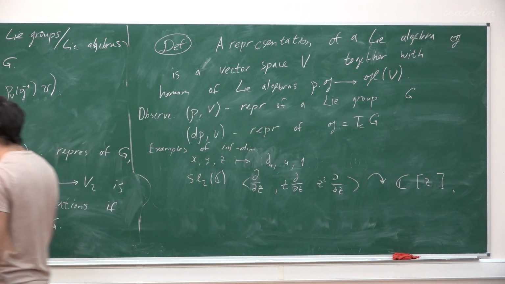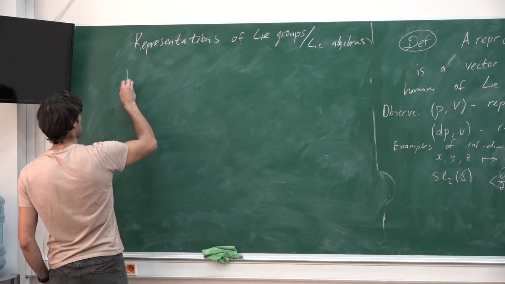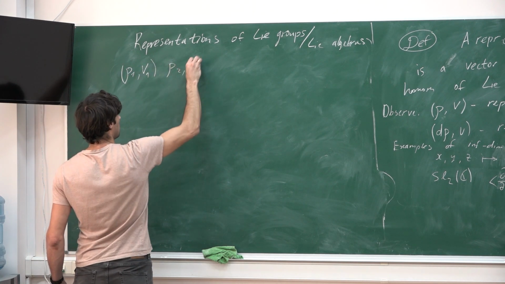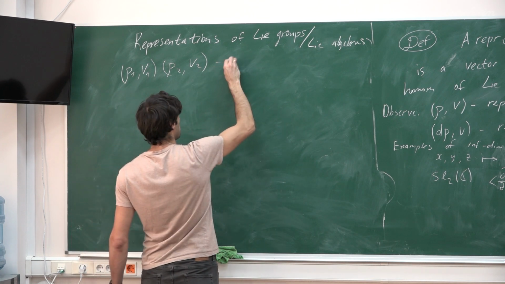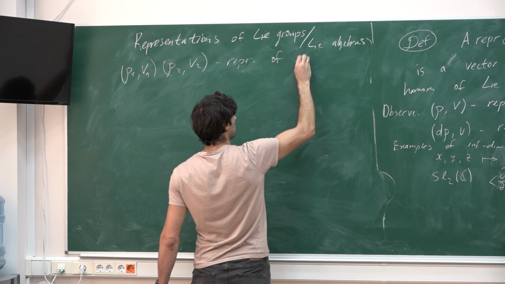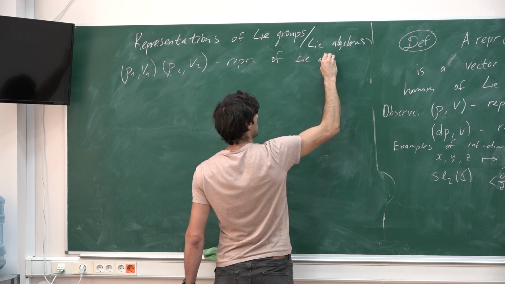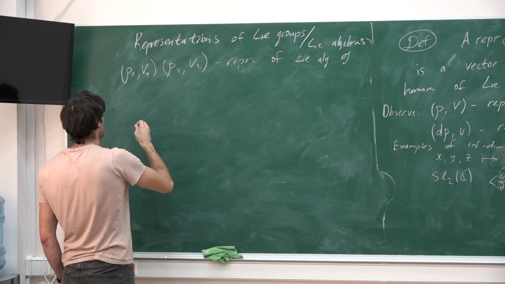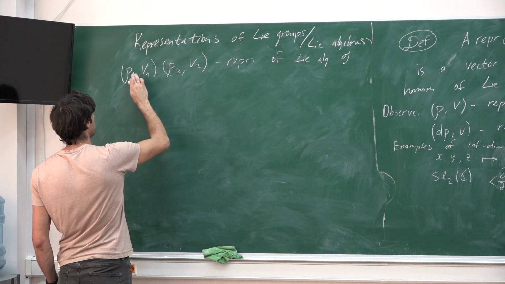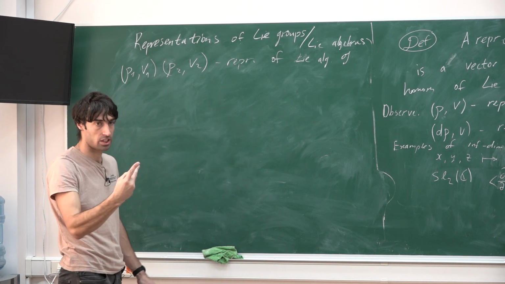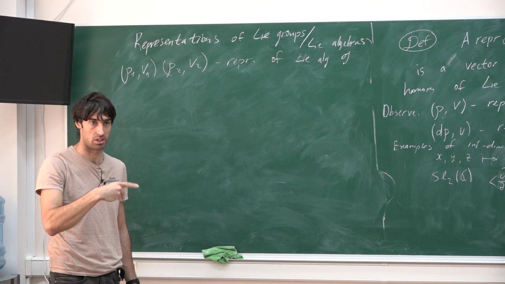Suppose that these are representations of the Lie algebra G. For the direct sum, it's just the same formula as we have for groups.